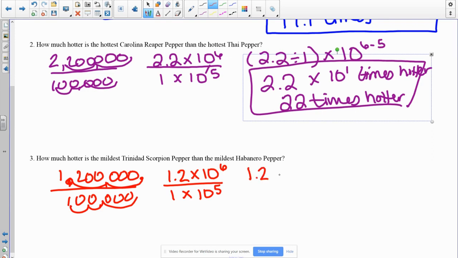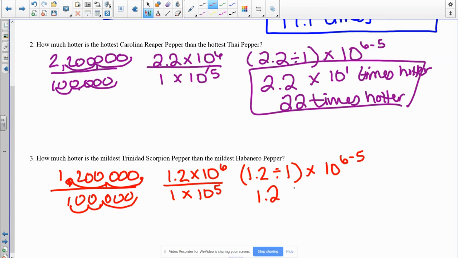1.2 divided by 1, which of course is 1.2, times, and then we subtract the exponents. So 6 minus 5 is 1. So it's 1.2 times 10 to the first times hotter.